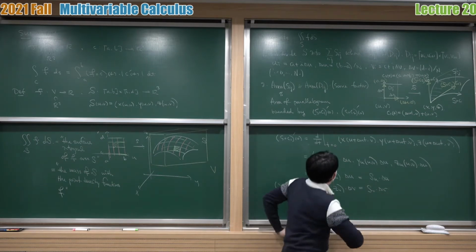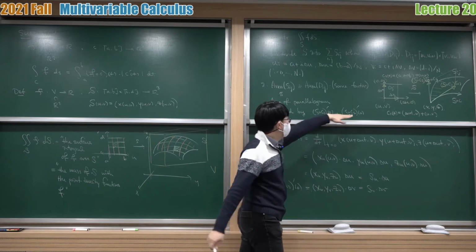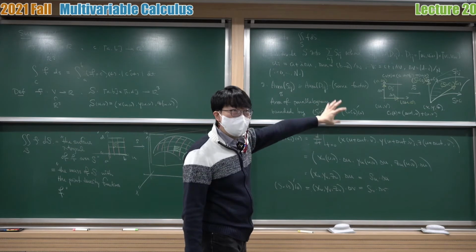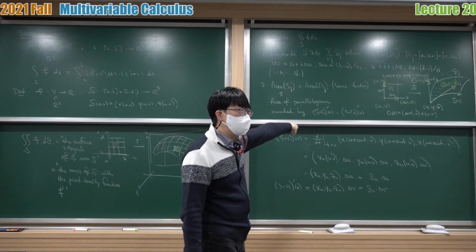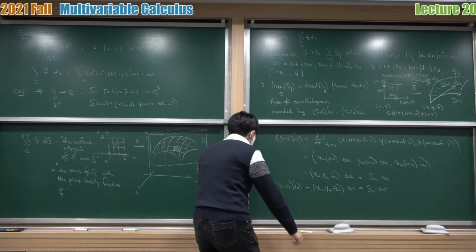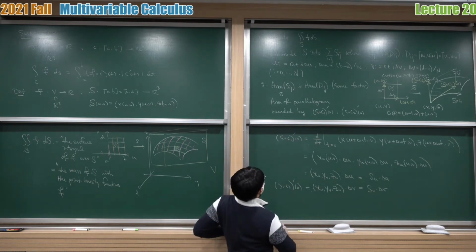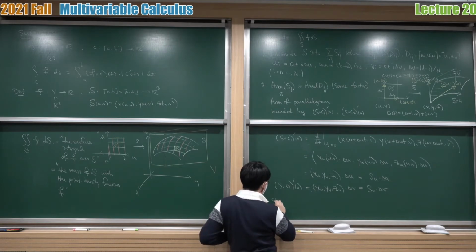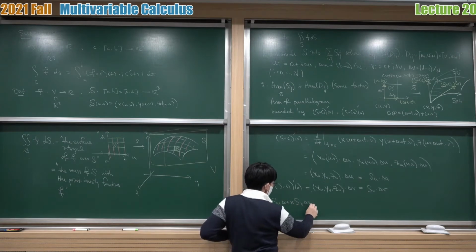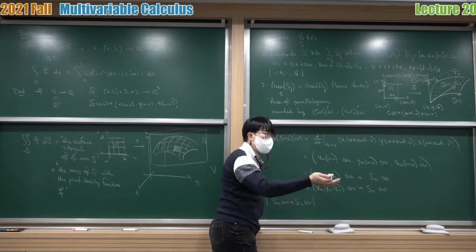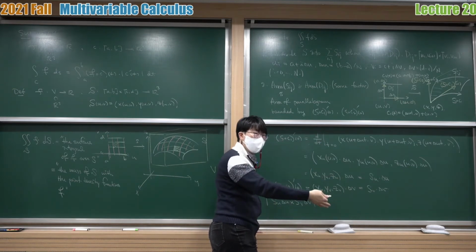So we have two vectors in three-dimensional space, and in order to find the area of the parallelogram bounded by these two vectors, we need to take the cross product: S_u delta u cross S_v delta v. Generally, a cross product gives you a vector, but area is the size of that vector.